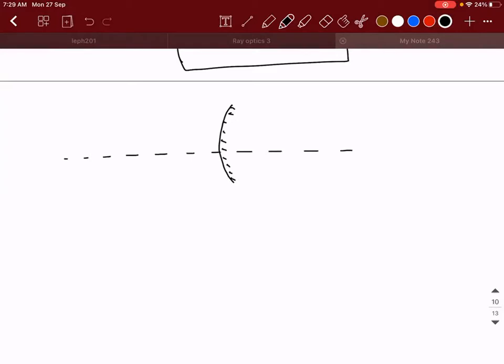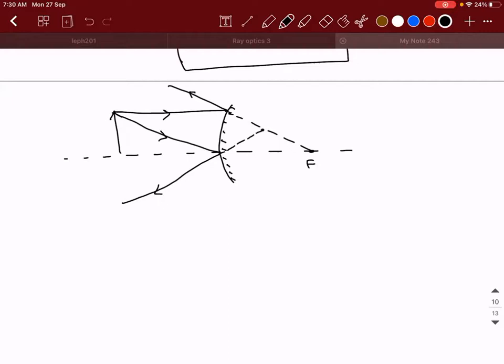So when you take a concave mirror, and any ray beyond the focus, it will hit the mirror. Sorry, focus is not on this side. So when you take the ray anywhere, the ray will hit the surface and get reflected back. This is the focus, and when it hits the pole and reflects back like this, this is where the image is formed, which would be A dash B dash.